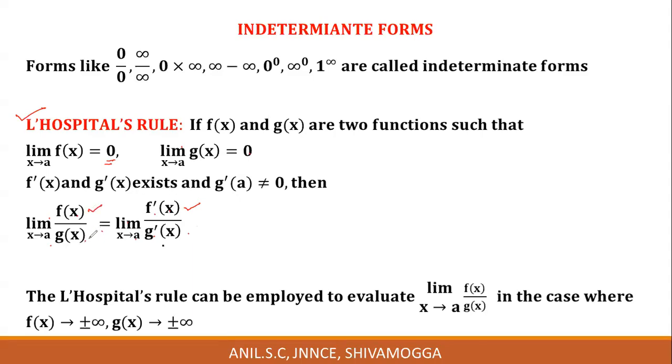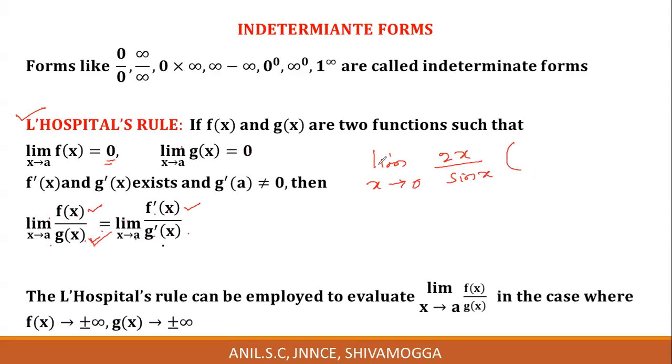Differentiate both numerator and denominator separately without applying quotient rule. For example, limit x tends to a is 0. f of x is 2x divided by g of x is sin x.